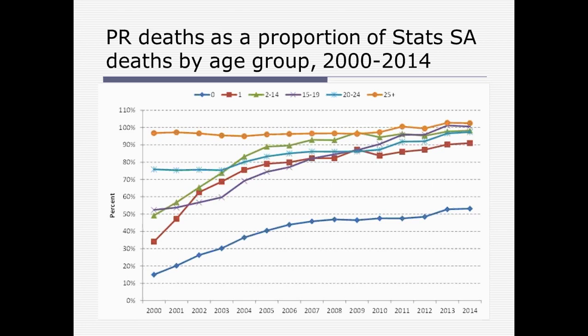But that's got steadily worse. And from about age 50 or 55 onwards, there are more deaths in the population register than existed in the vital registration. So it's flagging an issue there.